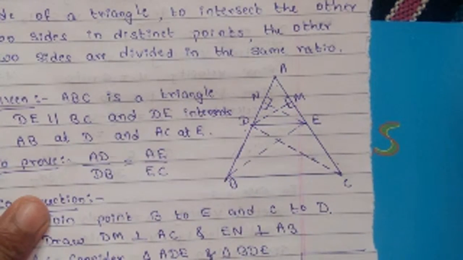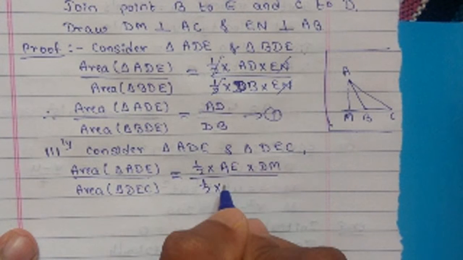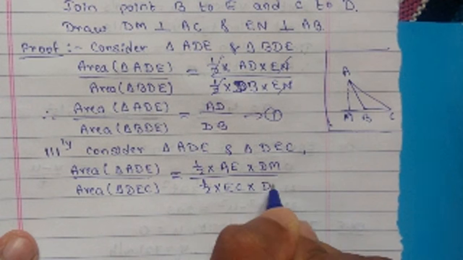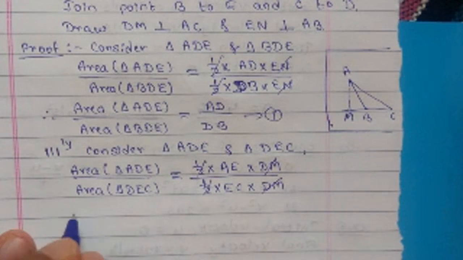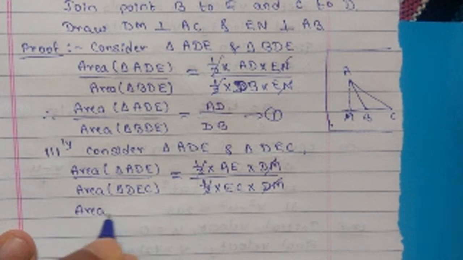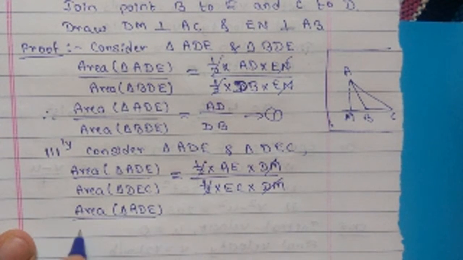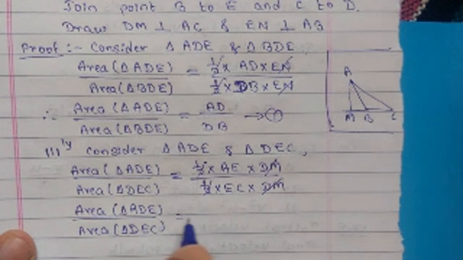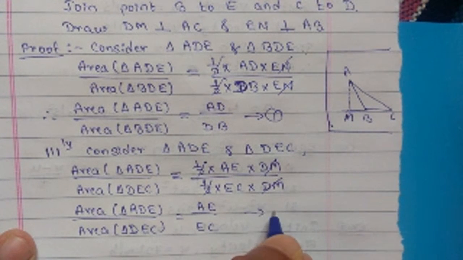So therefore half into EC into DM. Again DM gets cancelled, half gets cancelled. That's why the remaining is area of triangle ADE divided by area of triangle DEC equals AE divided by EC. I will call this equation number 2.